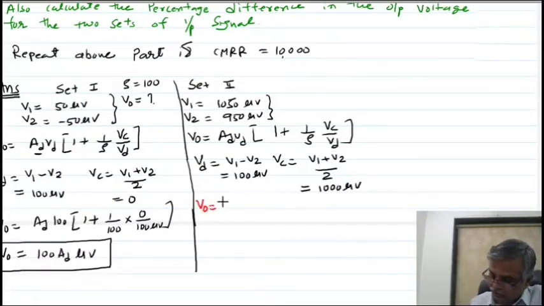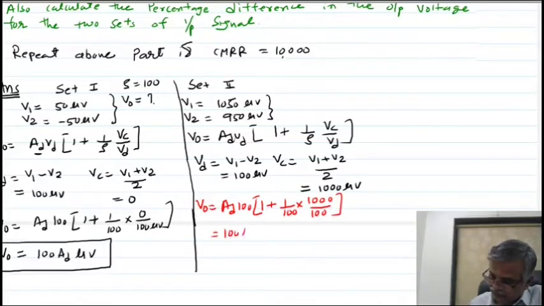VO is equal to AD into 100, 1 plus 1 upon 100, Vc we have calculated 1000, Vd is 100.